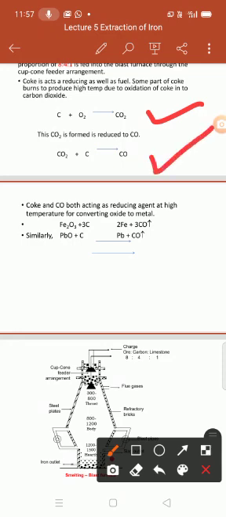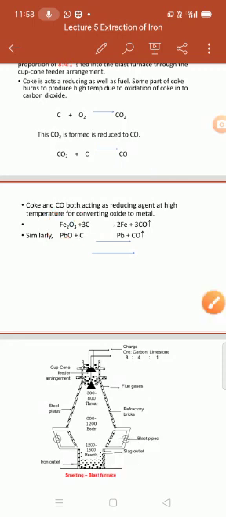Coke and CO both act as reducing agents at high temperature for converting oxide to metal. Here we are using hematite: Fe2O3 plus 3C gives 2Fe plus 3CO, that is carbon monoxide.